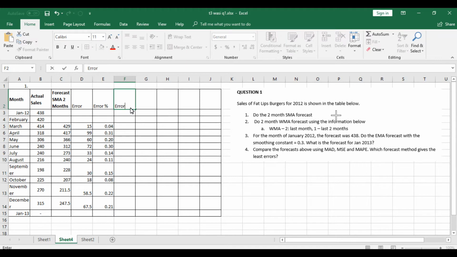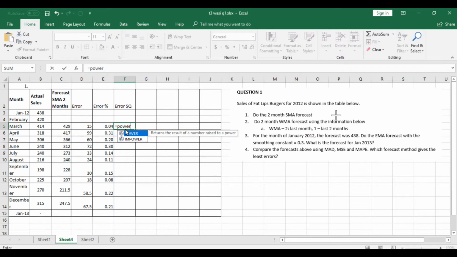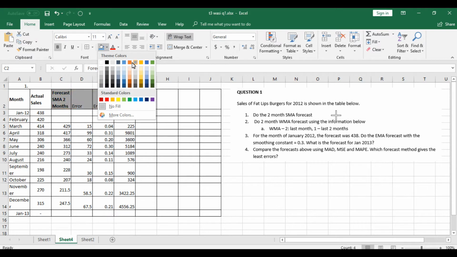Error square, I will use the short form of square, which means I have to take the square of the error. So here I am using the command POWER. You also notice that I am using POWER, taking the square, comma 2, because we are taking a square, that's why it's 2. Just drag it down until December. So done with simple moving average.